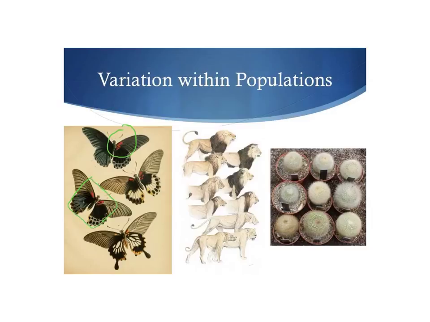When you're looking at the variation within lions, all sorts of different colors of manes, patterns, shapes and sizes, and even within the plant kingdom, you have cacti that are different sizes and different shapes, different colors, different patterns. So how do we get all this variation within the same gene pool?